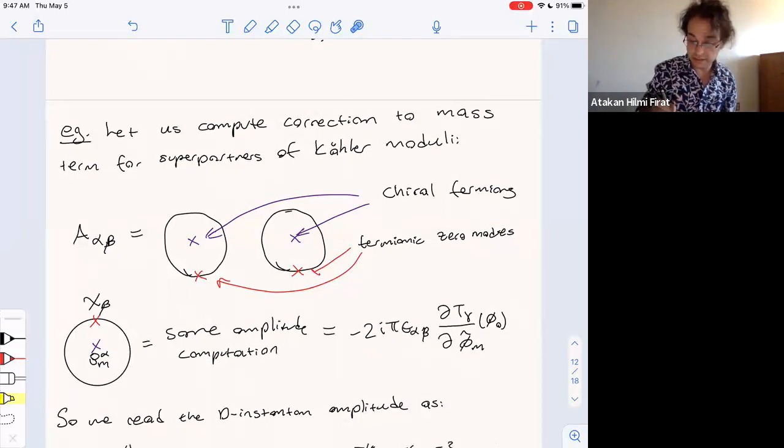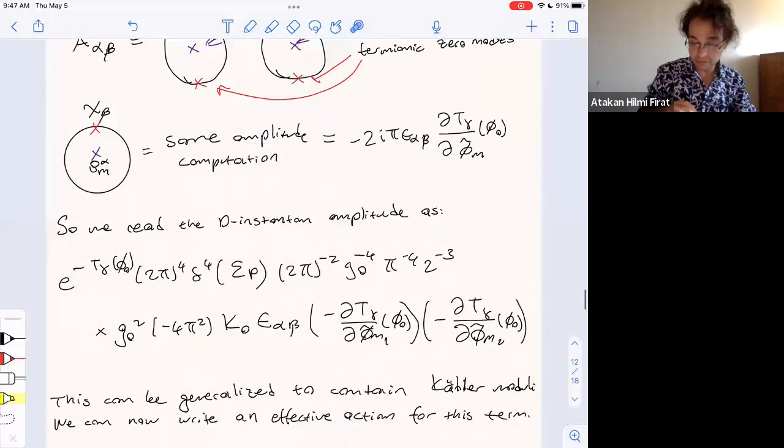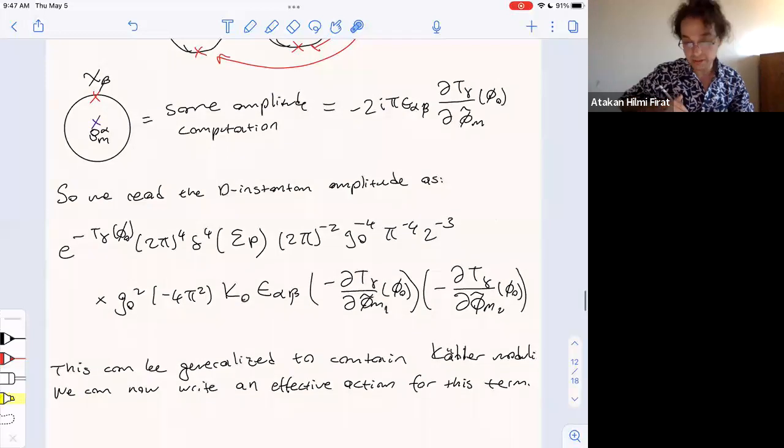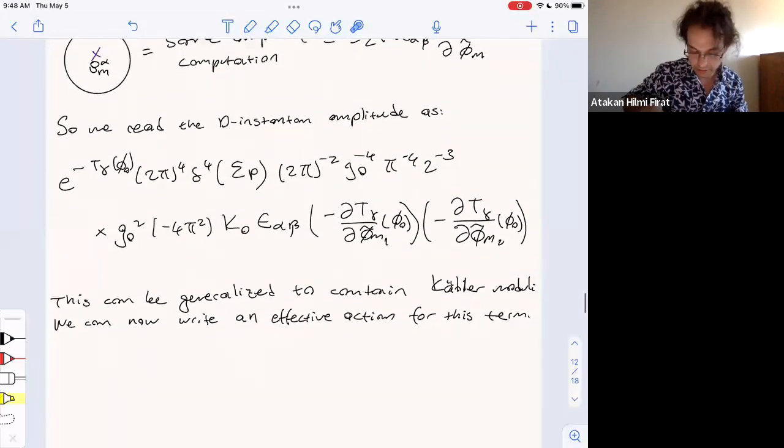Then you can write this in terms of the derivative with respect to the Kähler moduli. And the instanton amplitude in this case becomes this. There's a generalization where you can consider a bunch of Kähler moduli and get those amplitudes as well.